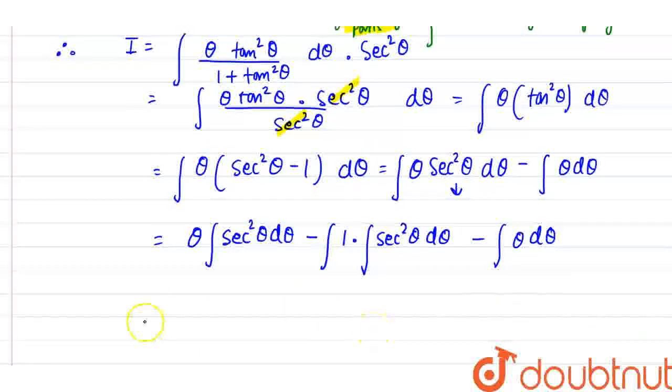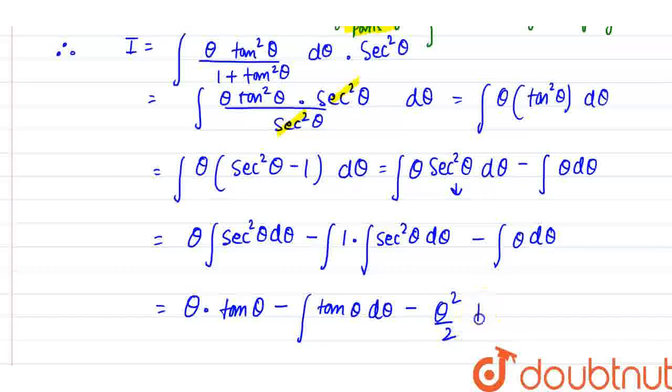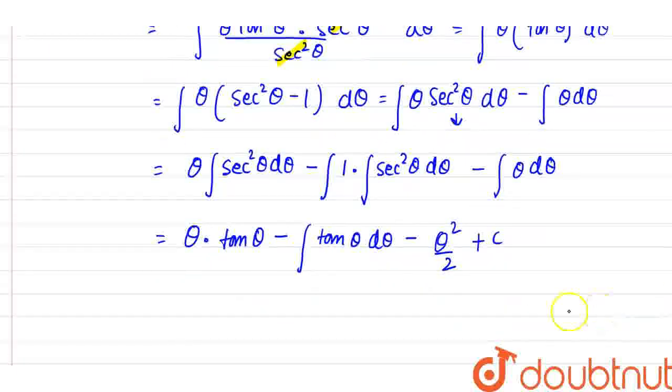So now it is equal to theta into the integration of secant square theta, which is tan theta, so theta tan theta, minus the integration of tan theta d theta, minus theta to the power 2 divided by 2 plus c, right guys?